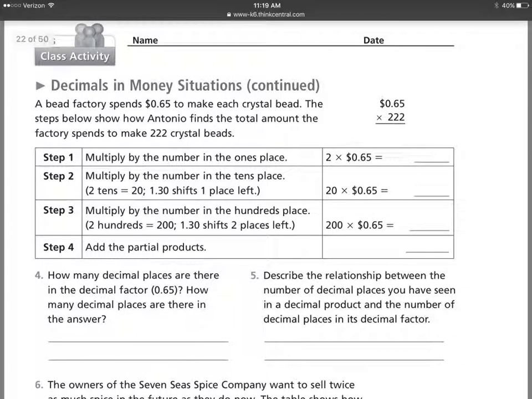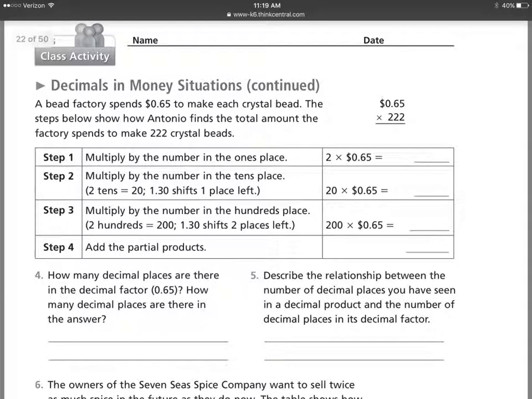And then finally, you'll take your 2 in the hundreds place, which is worth 200, and multiply that by the entire factor of 65 cents to find your partial product there as well. Then you will add all your partial products together to get your final product.